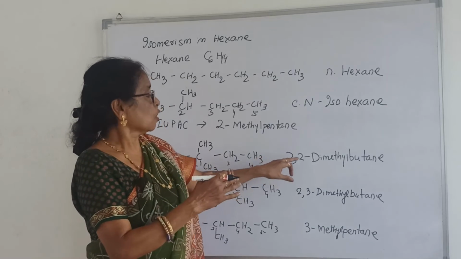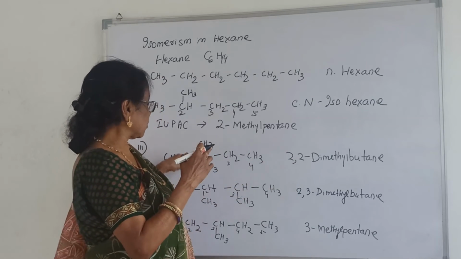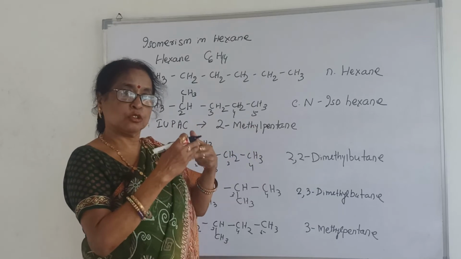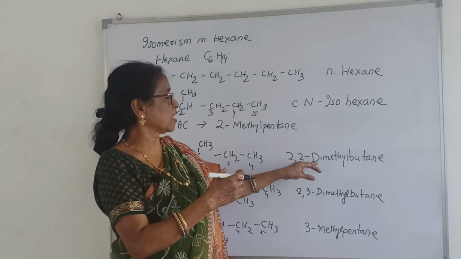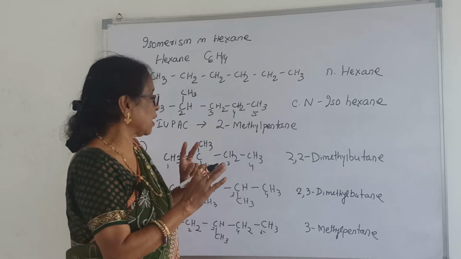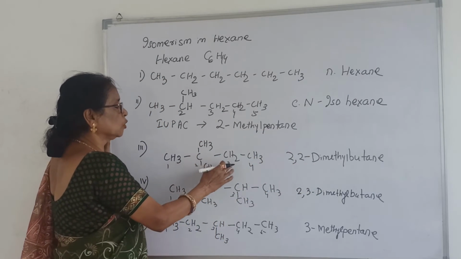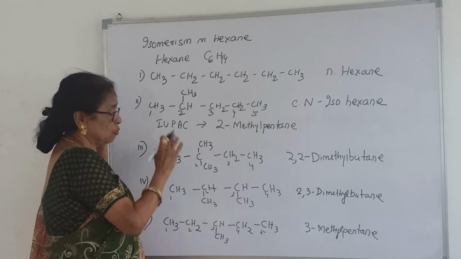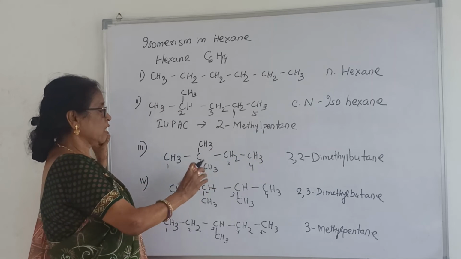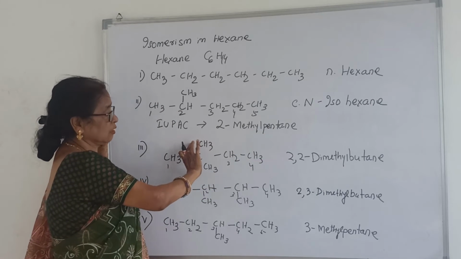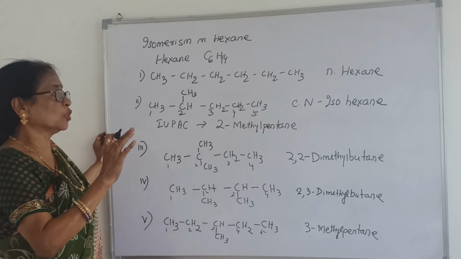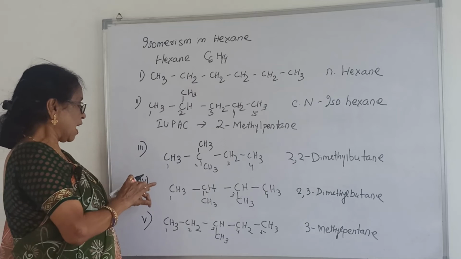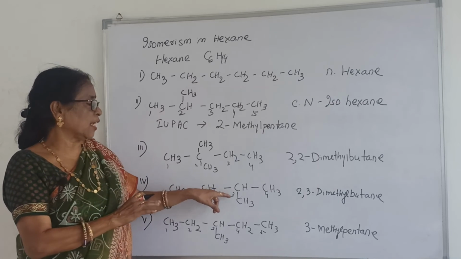So 2 times, dimethyl. Positions are 2,2 and the count is 2, means dimethyl butane. And see 1, 2, 3, 4, butane. So the long chain is butane, 2 methyl dimethyl, positions 2,2. 2,2-dimethylbutane.